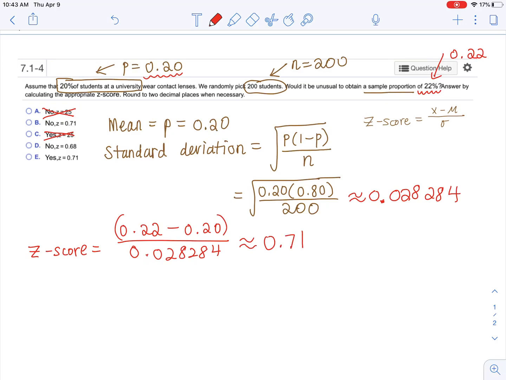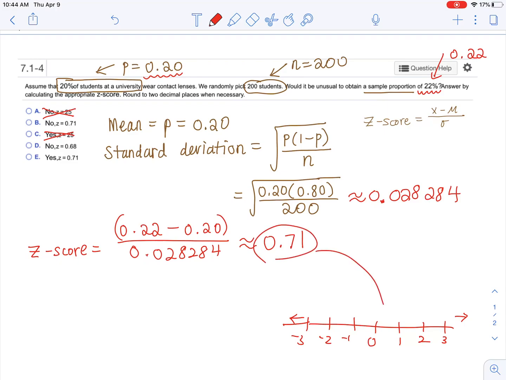So the z-score is 0.71. Remember, this is within one standard deviation. So remember, when you look at a z-score, what do we consider to be unusual? Anything above 3 or anything less than -3, those are the values that we consider to be unusual.